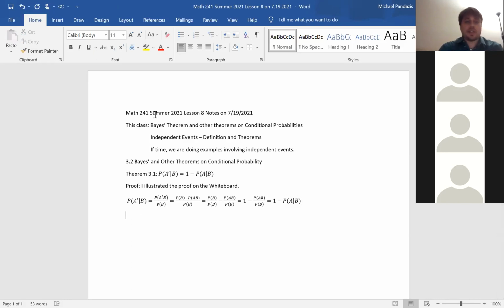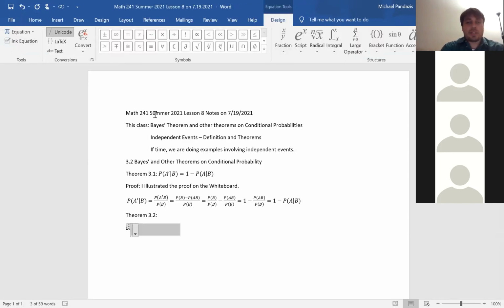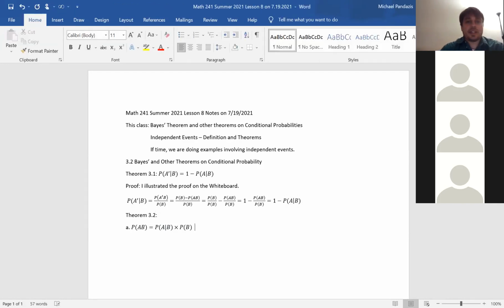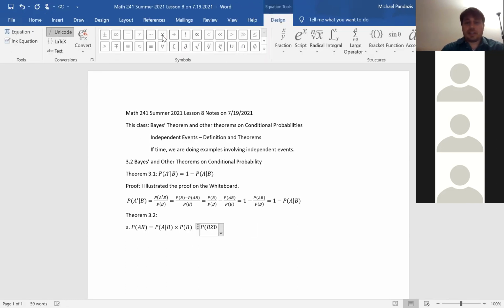Okay, so theorem 3.2. There are several parts. The probability of AB is equal to P of A given B times P of B. And this is if the probability of B is positive.